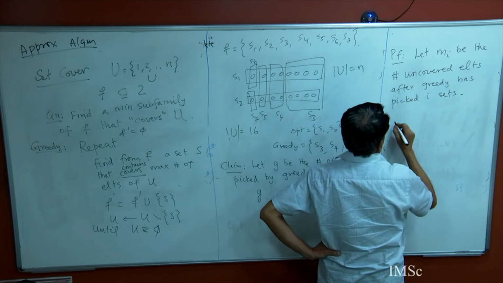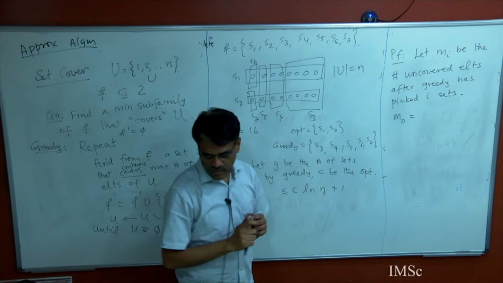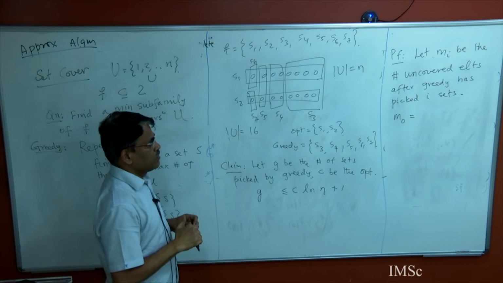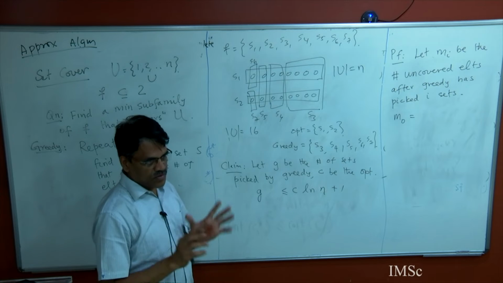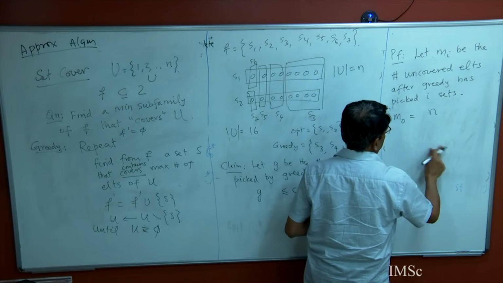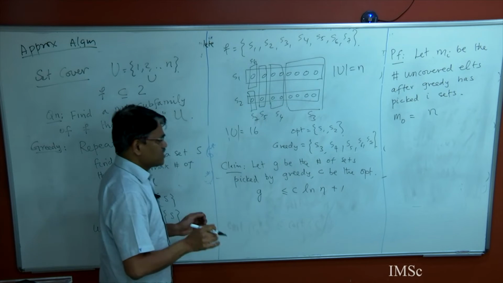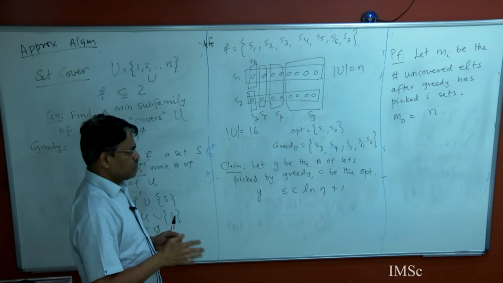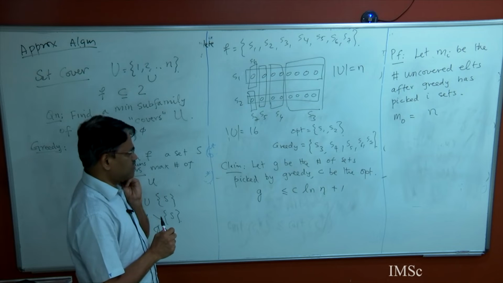So what is M0? N, all elements, everything to be covered, right? And we will argue that actually, Mi decreases by some ratio which depends on C. So that's the point.